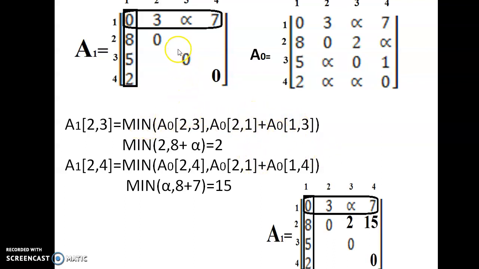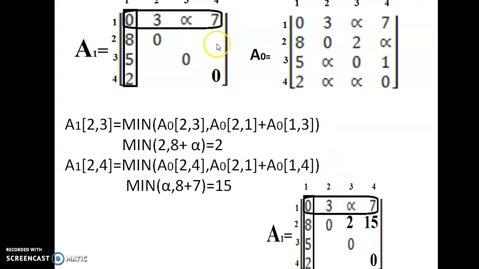That is, the value present in the row and the value present in the column are considered. The value in the row is 8. The value in the column is infinity. 8 plus infinity. Already 2 is there. So 2 is minimum, so we keep the 2 here.